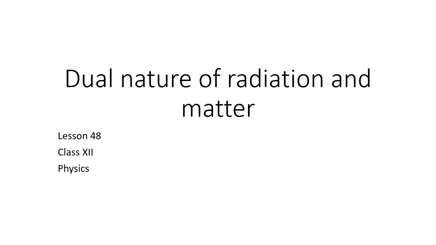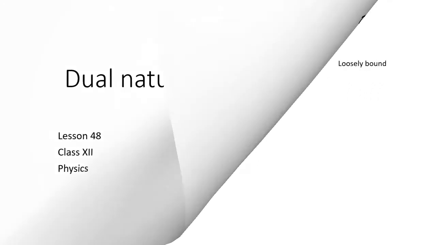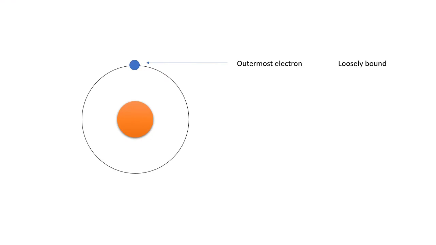In this lesson, we will discuss a new chapter, Dual Nature of Radiation and Matter. Now we know an atom. The atom consists of a central nucleus. Around the nucleus, we have electrons revolving around the nucleus.